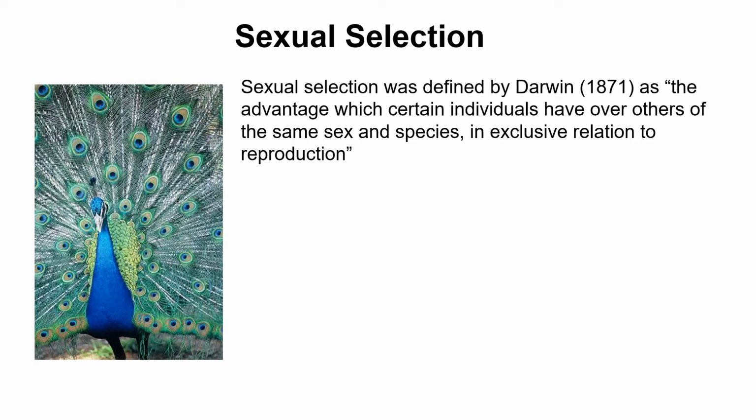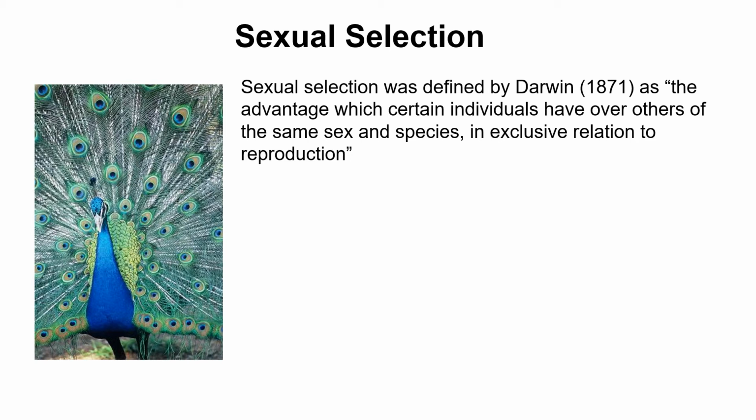So this is where reproduction is more important than survival. The reason the peacock's tail is selected for is because it aids the peacock in reproduction, even if it imposes a survival cost. And actually one of the reasons it aids it in reproduction is because it imposes a survival cost.